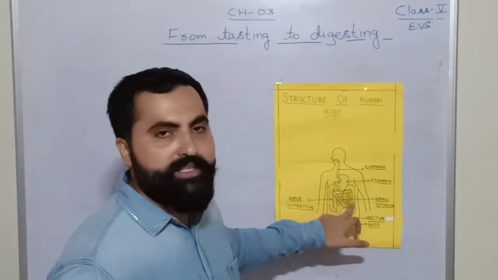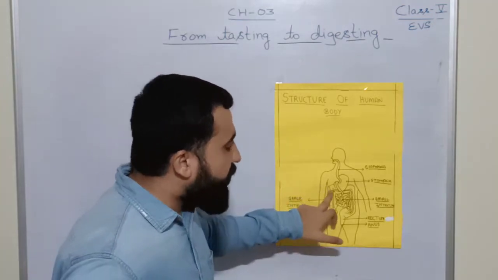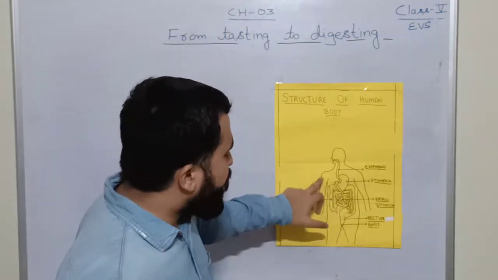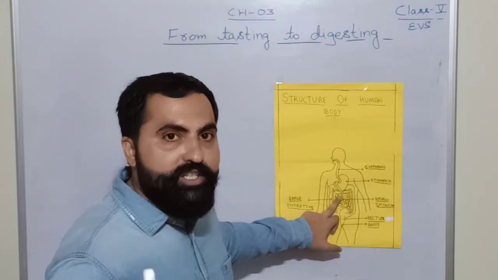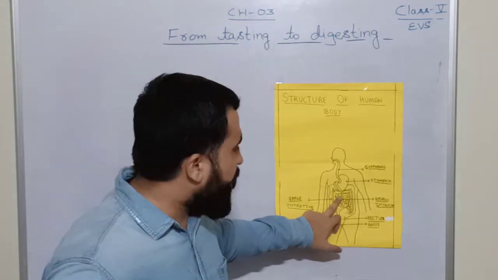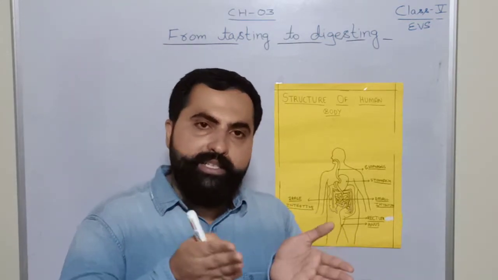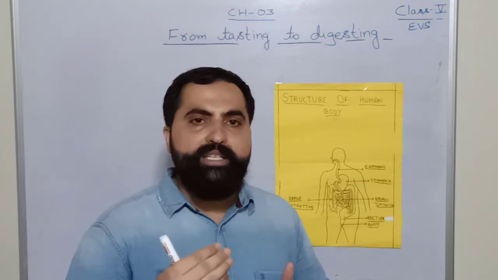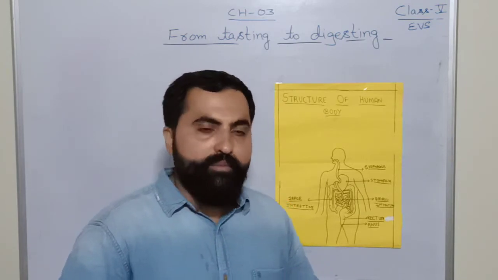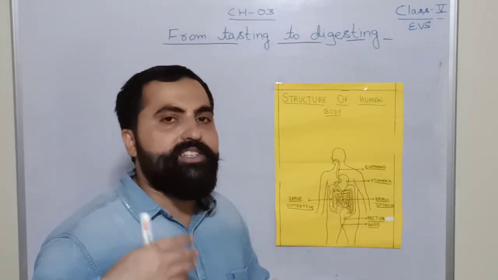The food coming from the stomach is partially digested, but after the small intestine, almost all the food is digested. The small intestine takes all the minerals which the body needs. But after the small intestine, some food is undigested.